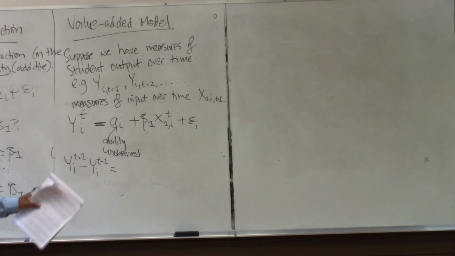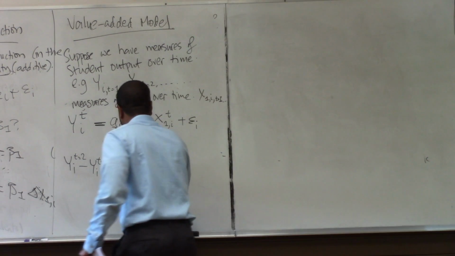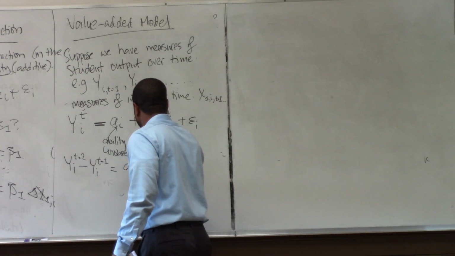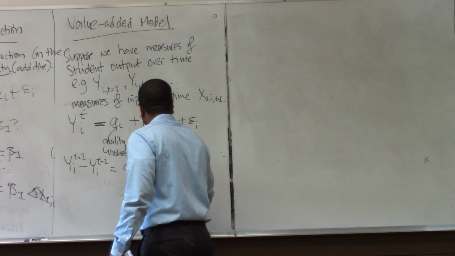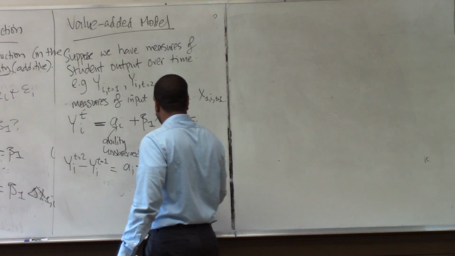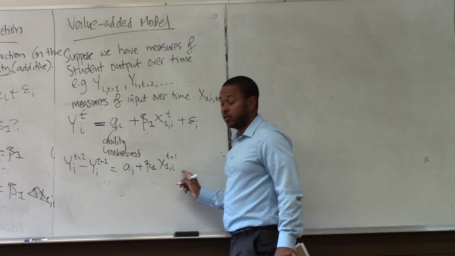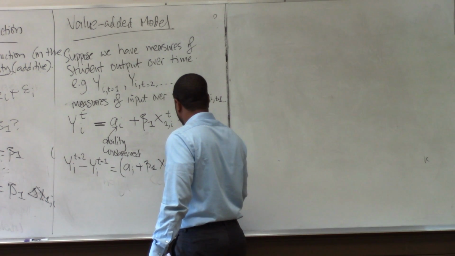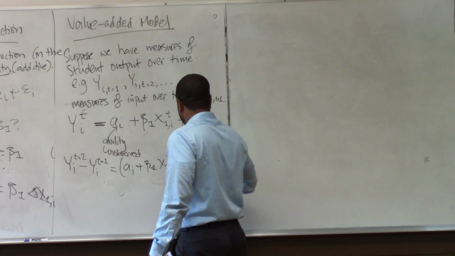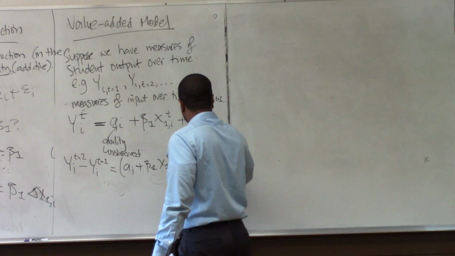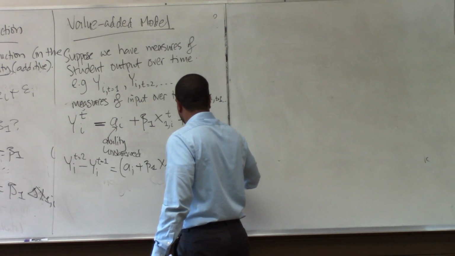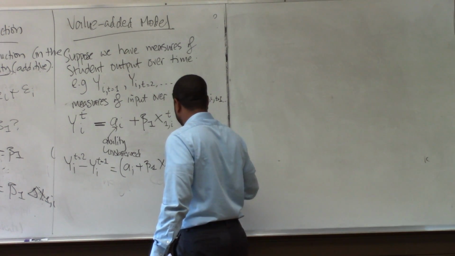And when we take this difference, the ability is going to drop out, because we have alpha i, this is only dependent on the person, plus beta 1 x1 i at t equals 1, plus epsilon i at t equals 1.